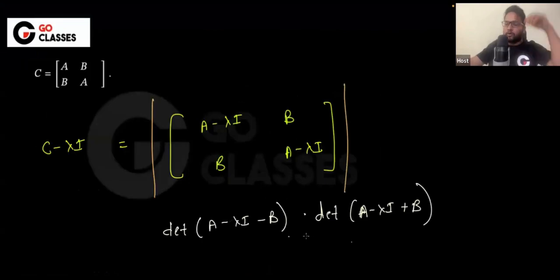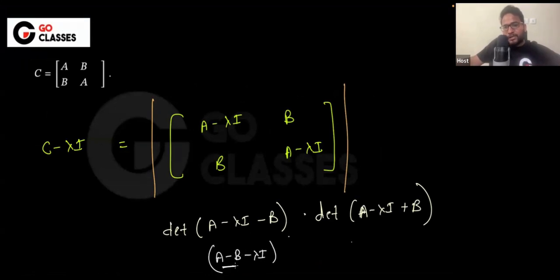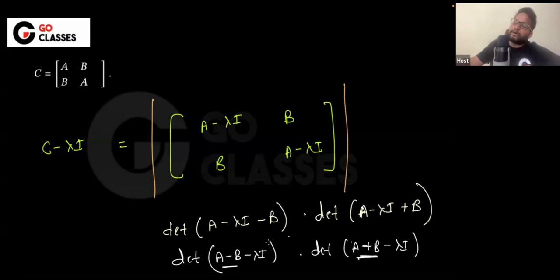Now you tell me how they're related. This particular thing is nothing but the determinant of A minus B minus lambda I. You just consider this as just one matrix, into the determinant of A plus B minus lambda I. You just consider this also as one matrix.